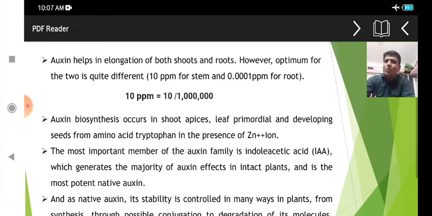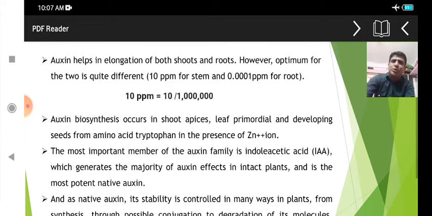And most of the other members of the auxin family, that is indole acetic acid, which generates the majority of auxin effect in the intact plant, is the most potent native auxin. See, as I told in the last slide, indole acetic acid is the major auxin in the intact plant system.